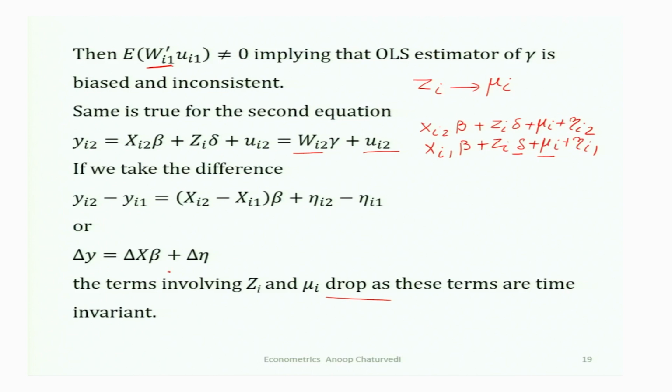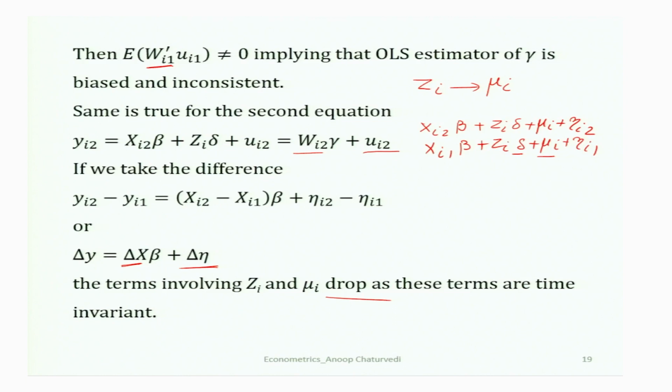So, now your problem is resolved. Now, this term is uncorrelated with delta eta, and you can apply OLS procedure for estimating beta. If you apply OLS procedure, then you get a consistent estimator for beta.